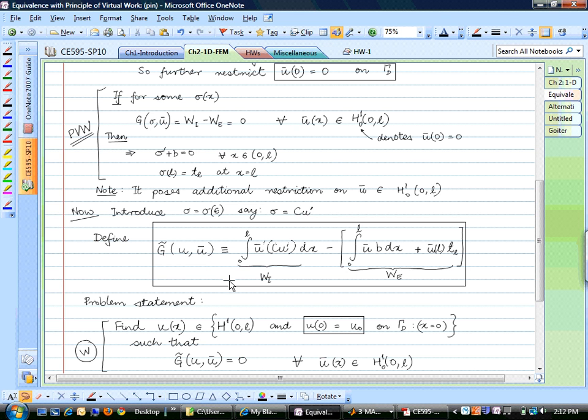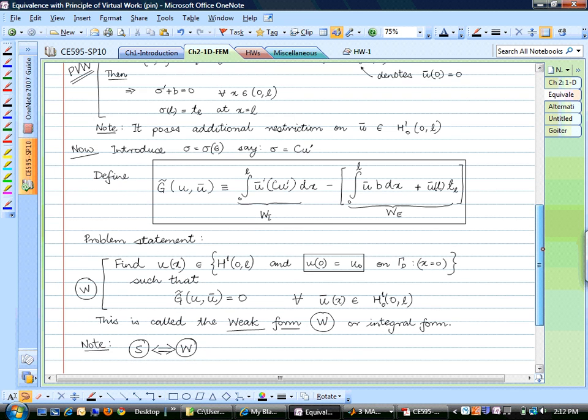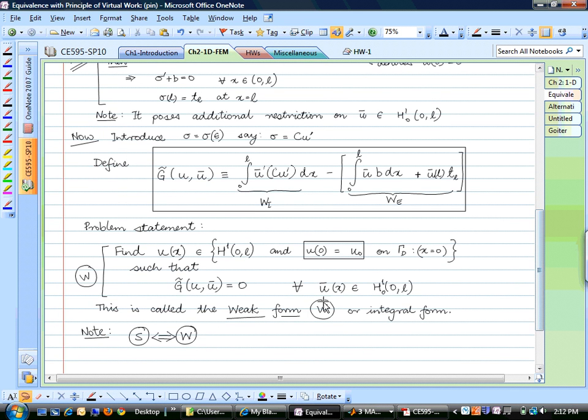So this modified functional can again be written as the internal virtual work minus the external virtual work. And if this is 0, then we know that equilibrium holds. So this is all just trying to express it in a different form.